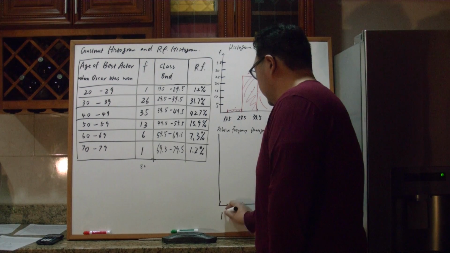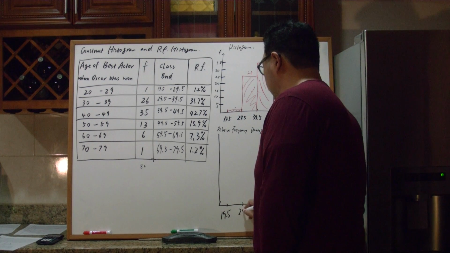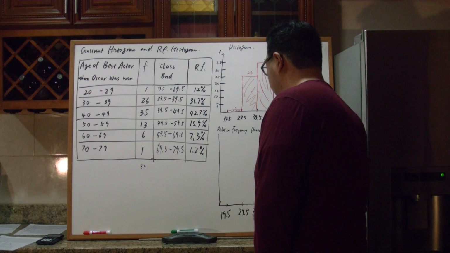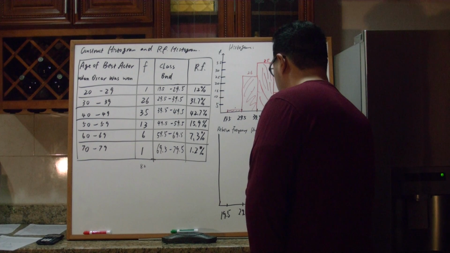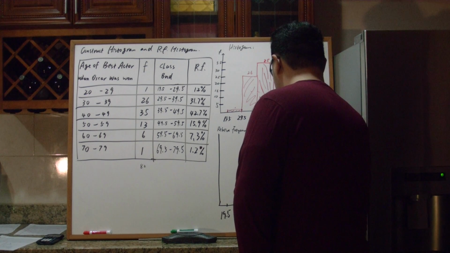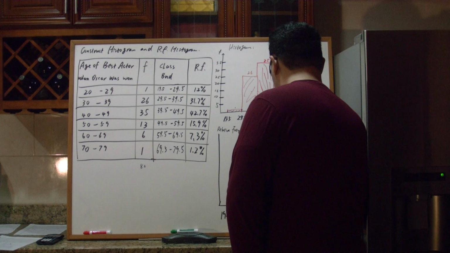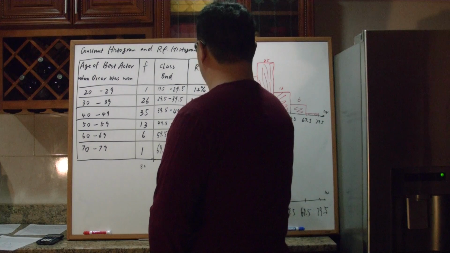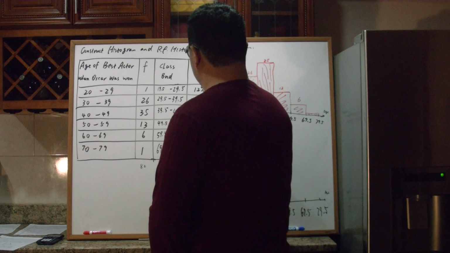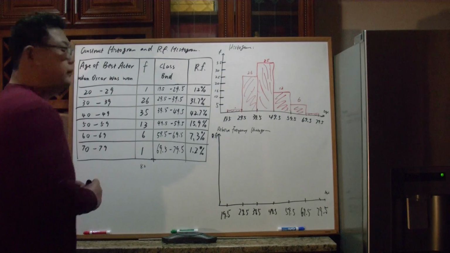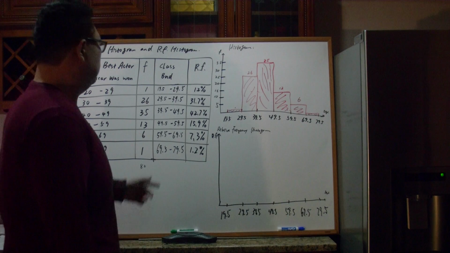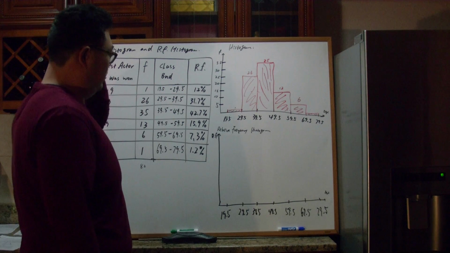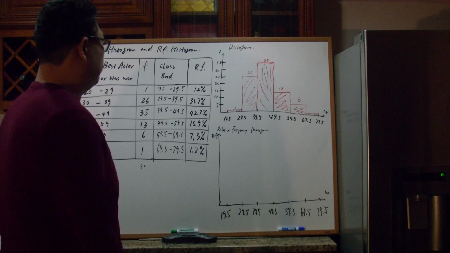For the classes between 19.5 to 29.5, 39.5, 49.5, 69.5 and 79.5, that's the horizontal axis, and we have relative frequency as the vertical scale. Then what we have is somewhere between 1.2% all the way to 42.7%.